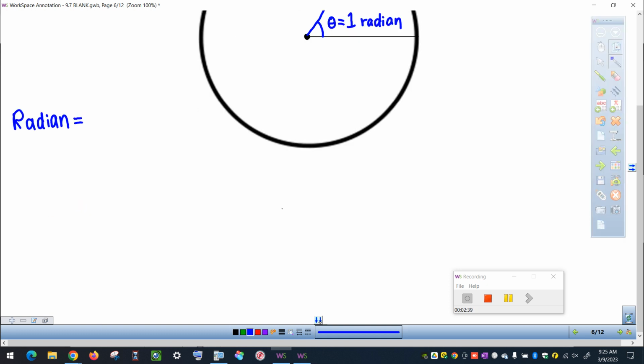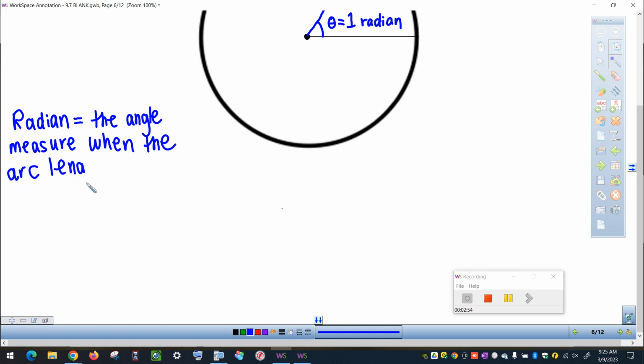A radian is the angle measure when the arc length, that is the curved part of the circle, is equal to the radius.